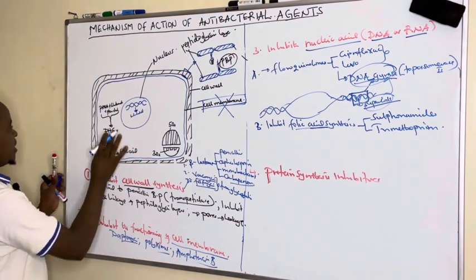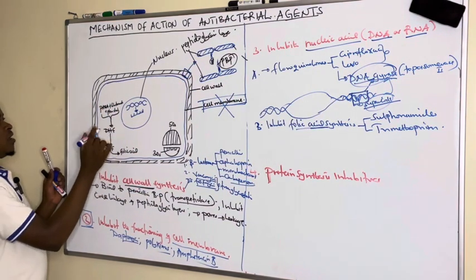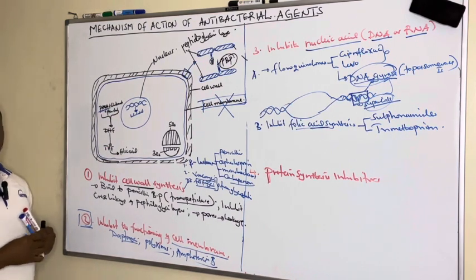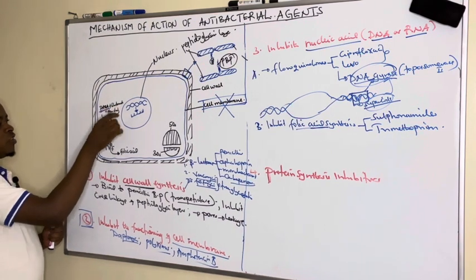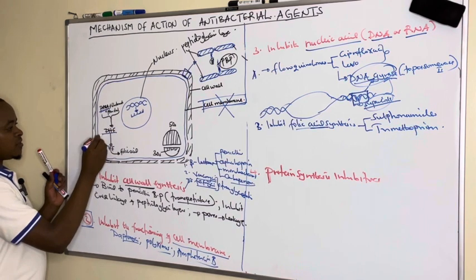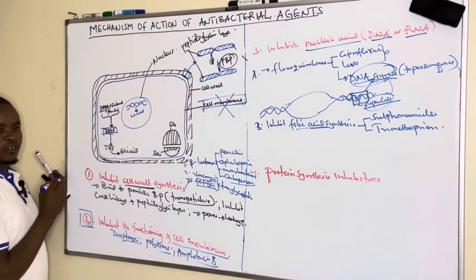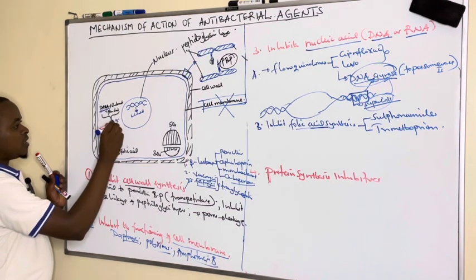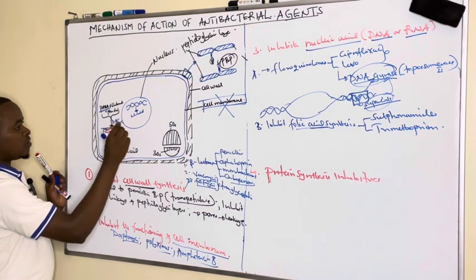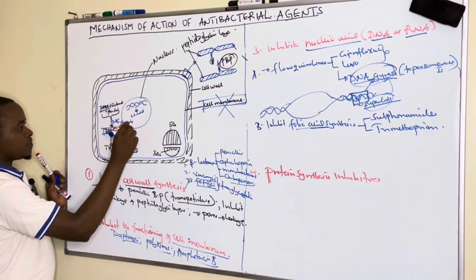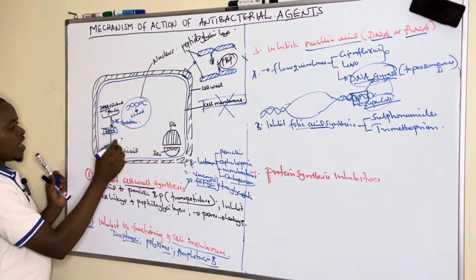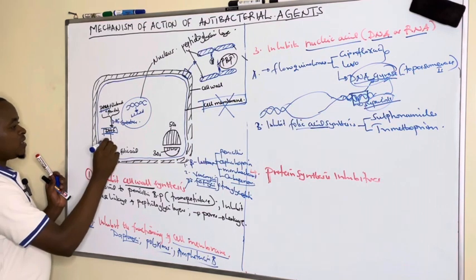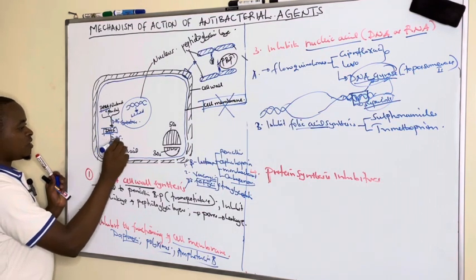Inside the cell, we have PABA, which is para-aminobenzoic acid, which joins with glutamate to form dihydrofolate. This dihydrofolate is formed in the presence of dihydrofolate synthase, or what you can call synthetase. Then after forming dihydrofolate, it is converted to tetrahydrofolate in the presence of dihydrofolate reductase.